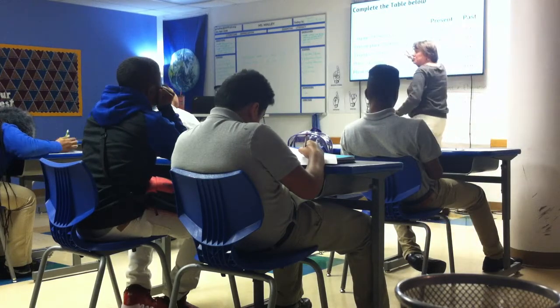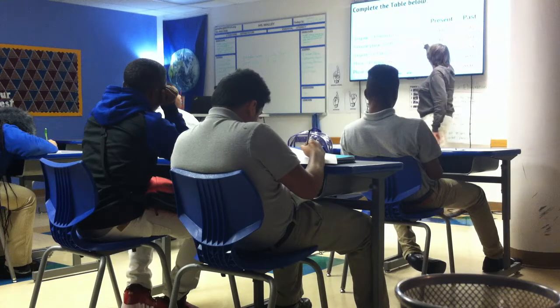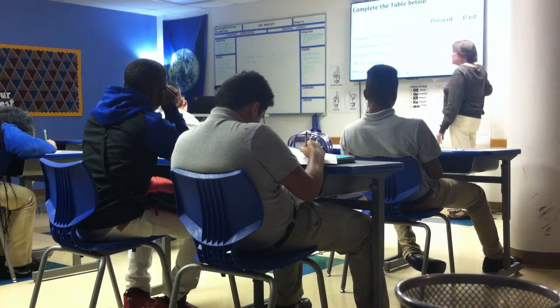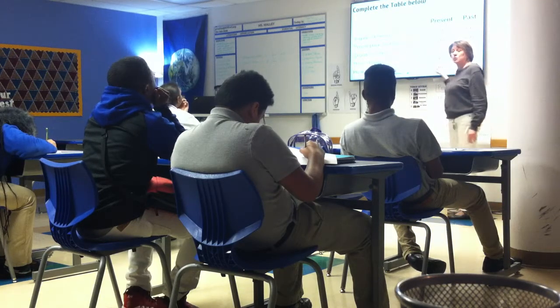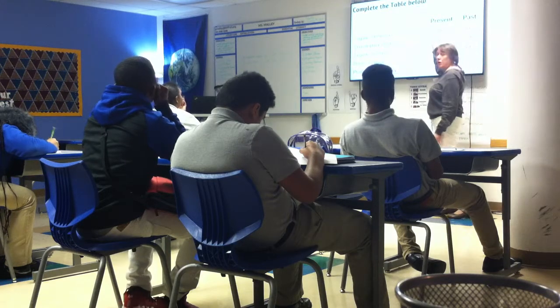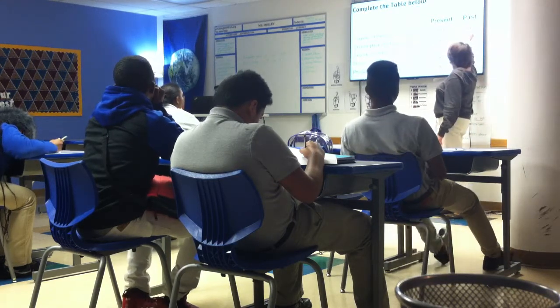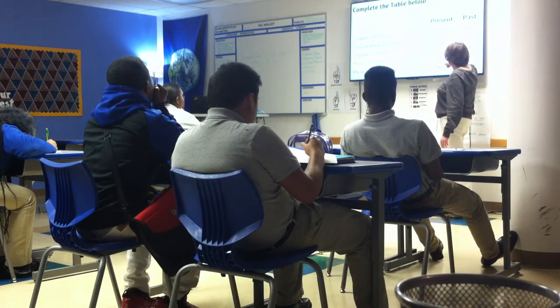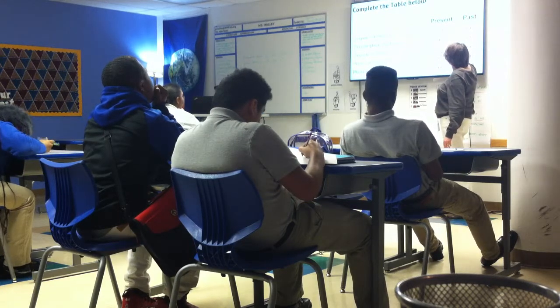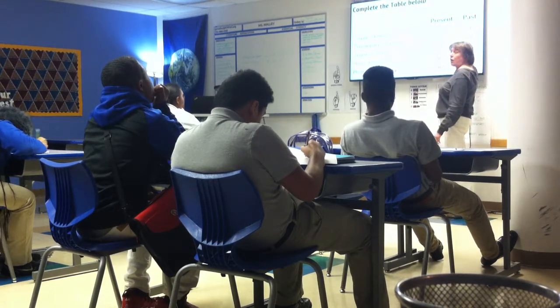Okay, now, this is the verb to be. And you don't see the form be anywhere on here. The verb to walk: I walk, we walk, he walks, I walked, he walked.